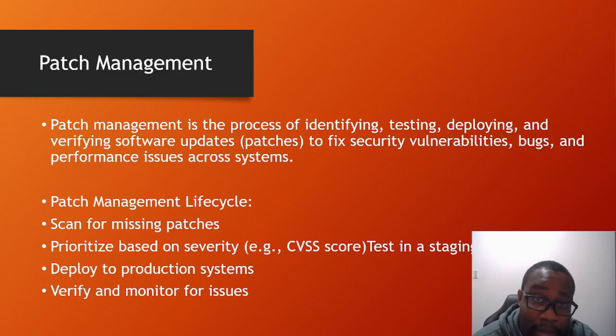And pretty much the life cycle of patch management is that you're going to scan for missing patches, prioritize based on severity, and you're going to use the CVSS score. And we'll get into that in later videos, what the CVSS score is. You're going to test in a staging environment, deploy to production systems, and then verify and monitor for issues after you deploy those patches.